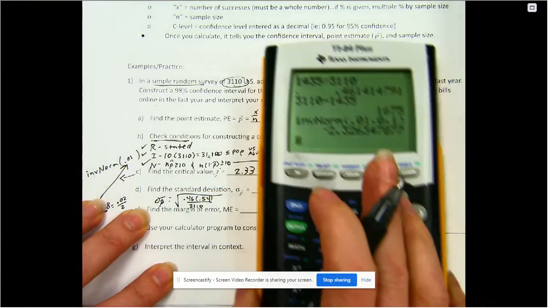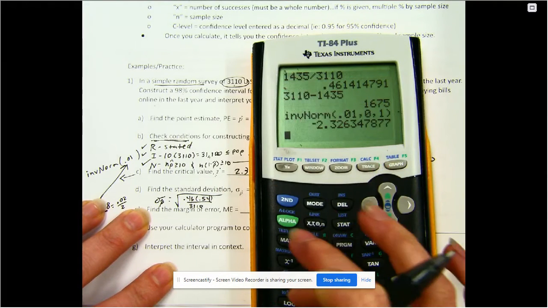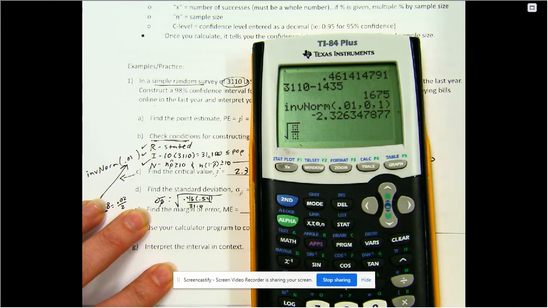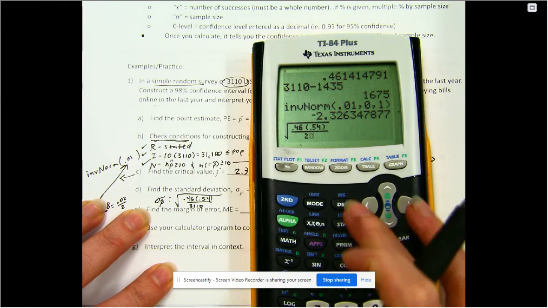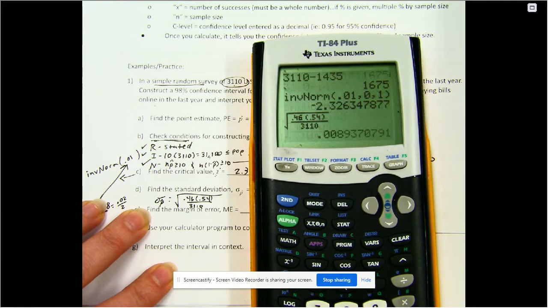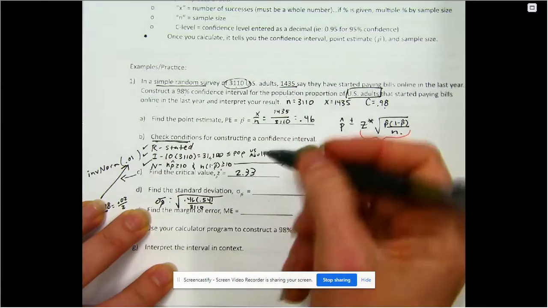I'm going to type that in. So I have 0.46, 0.54, and my sample size of 3,110. And I got 0.009.